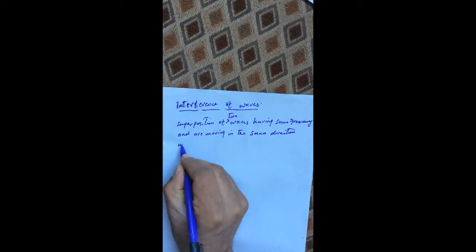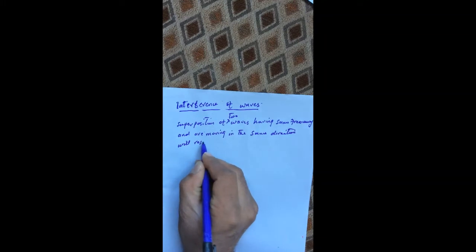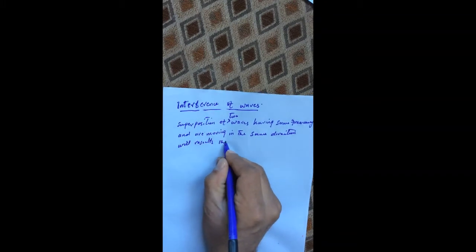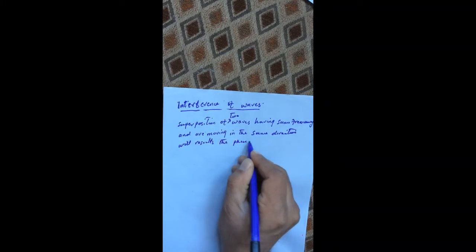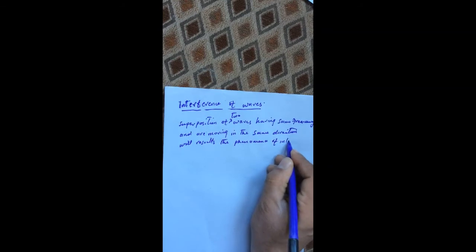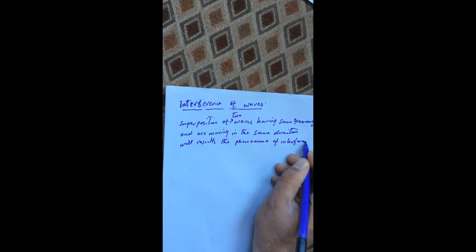This will result in the phenomenon of interference. Suppose we have two waves such that both have the same frequency and are moving in the same direction, then they will result in a phenomenon which is called interference.